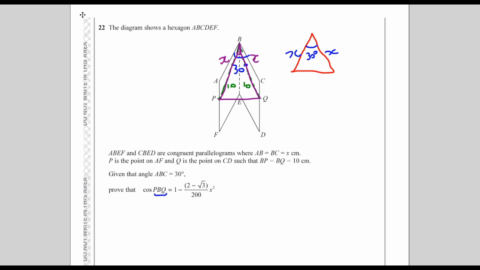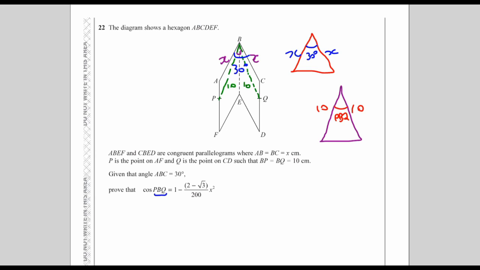And we know these two lengths are the same, the bases. What we don't know is the size of this angle, but we're calling it PBQ because this was P, this was B, this was Q. PBQ, and these lengths are 10.